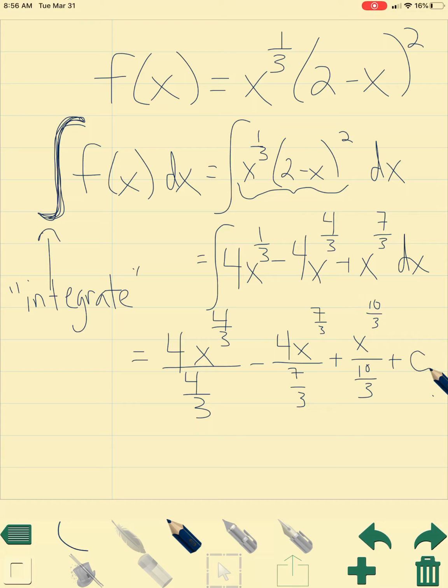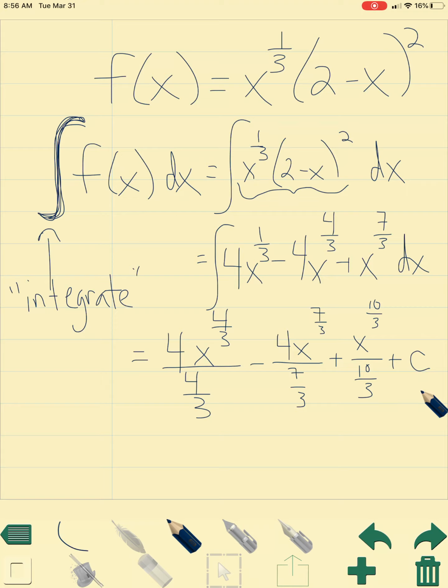Don't forget your plus c, your constant, because if we worked backwards and wanted to derive it, this c would go away because it's some constant. So always remember that plus c. Especially on the AP and IB tests, when you take those next year, if you forget that plus c, you'll probably lose a point here and there.